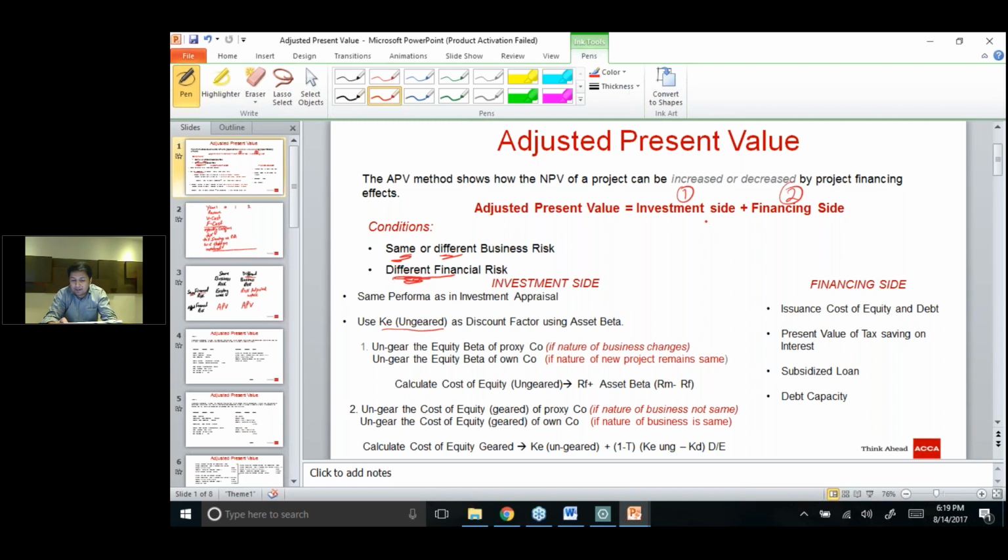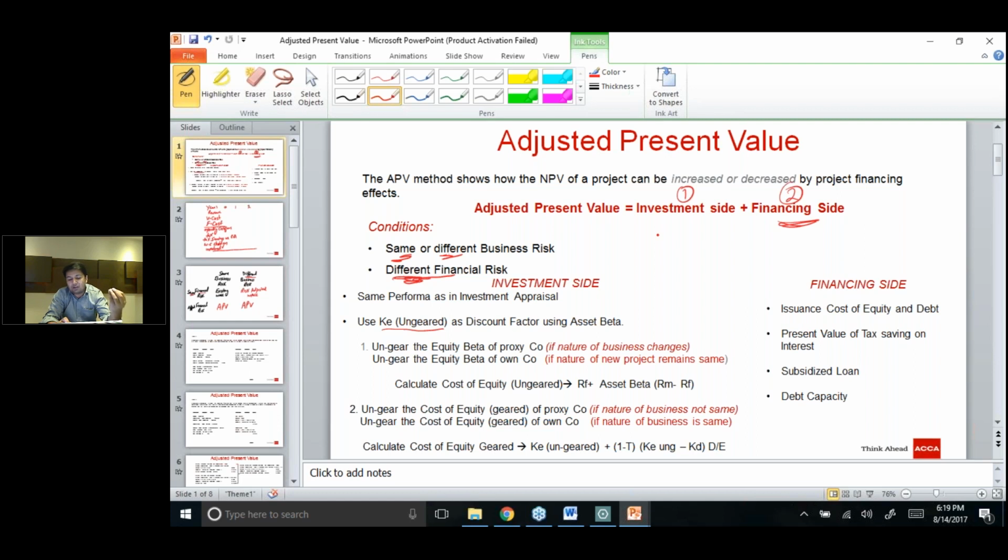In the investment side, you cannot use WACC as a discount rate, because WACC includes the financial risk.